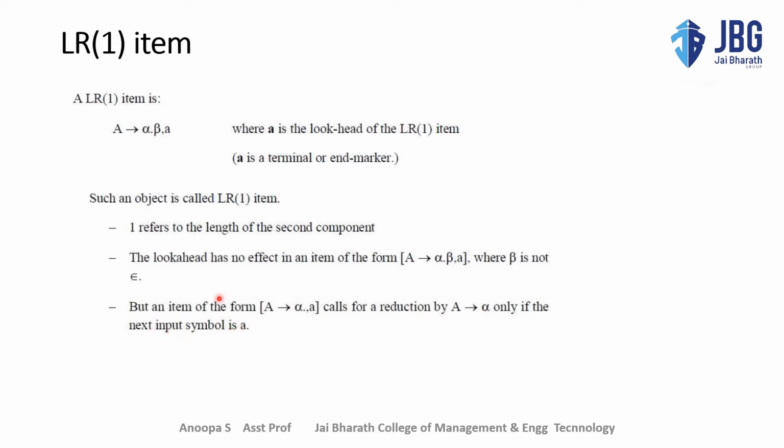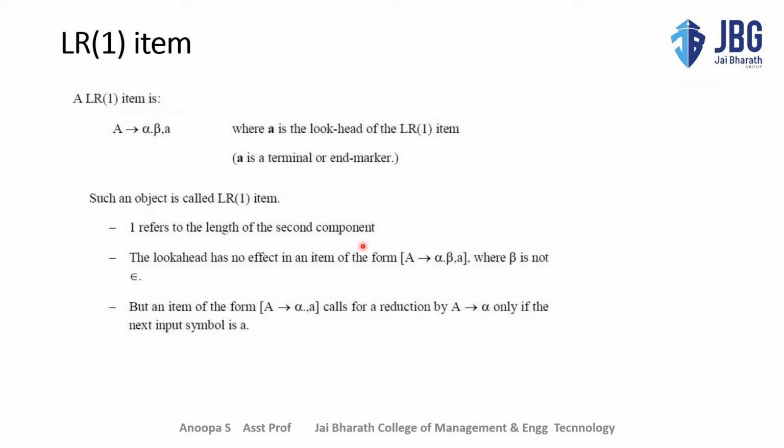Here comes the difference between the LR parser and the CLR parser. The shift action is exactly the same as that in our LR parser. In the reduction part, in the case of LR parsers, if we have a production of the form A giving alpha, we take follow of A, and for whatever symbols come in follow of A, we give this reduction to those.